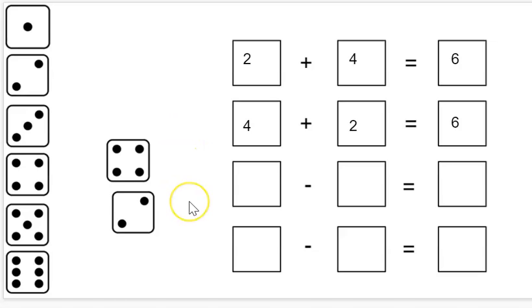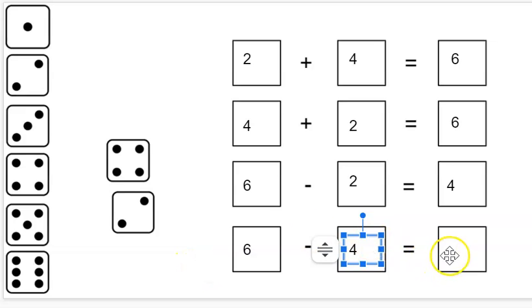So now I want to use these numbers to make a subtraction. So I know that if I have 6 and I subtract 2, what am I left with? That's right, 4. So I also know that if I have 6, what if I take away 4?